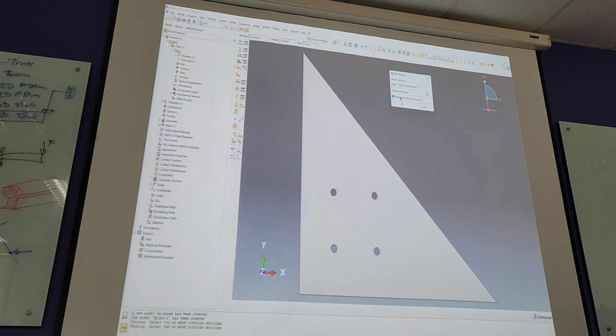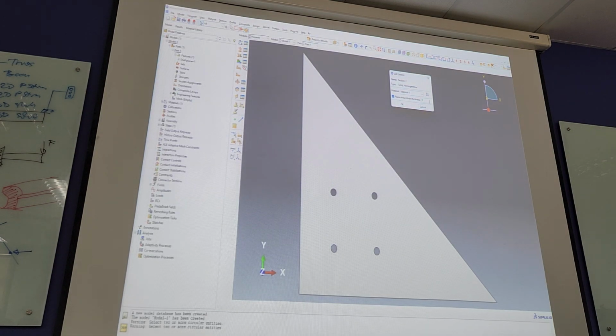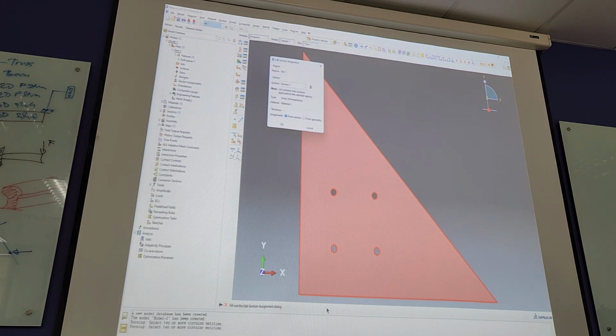The default value is 1 unit, whether that is 1 meter or 1 millimeter. So here we put a value in, and we say 6 millimeters. For me it's the number 6 because I'm using millimeters. Okay, now we go and assign that to our plate, and we are done.